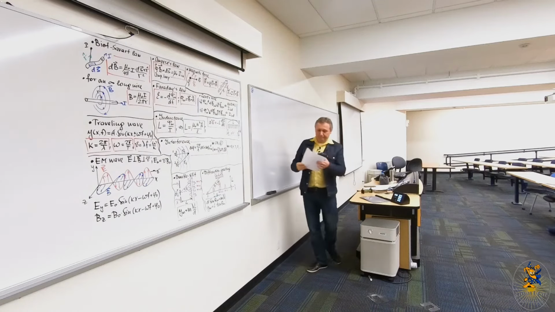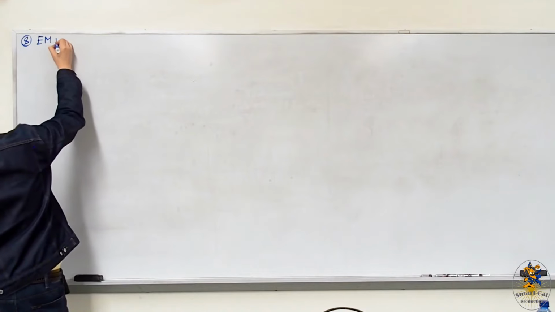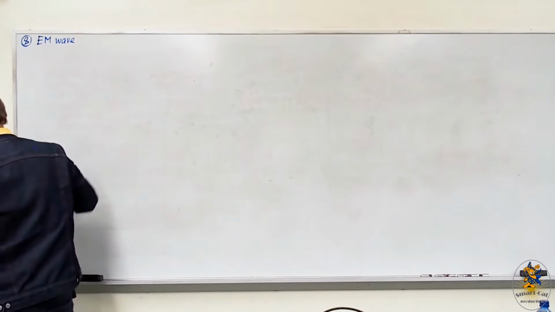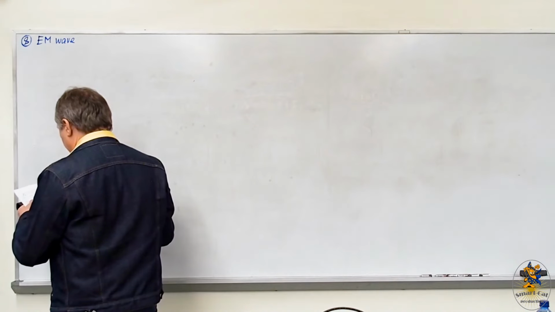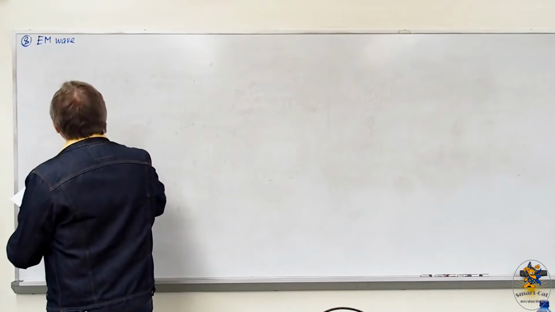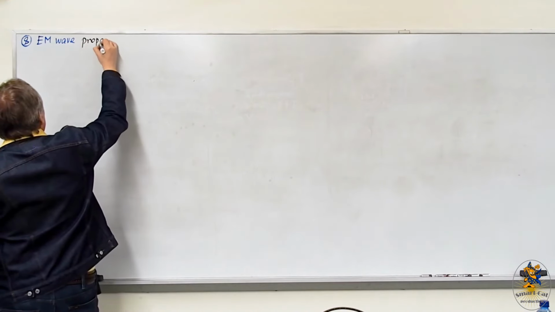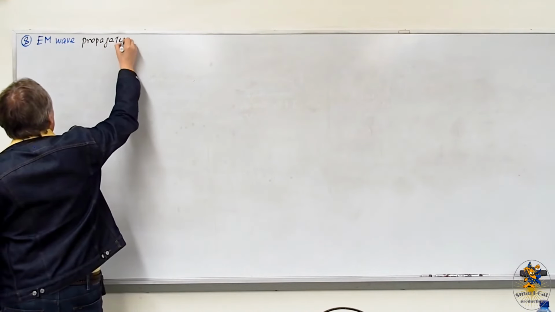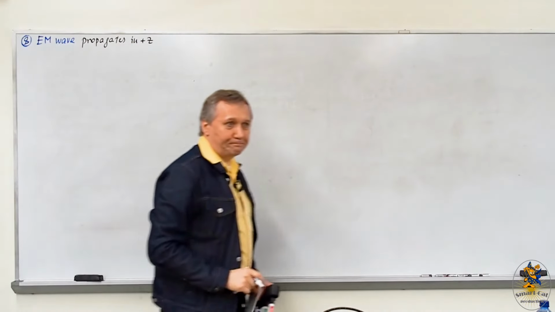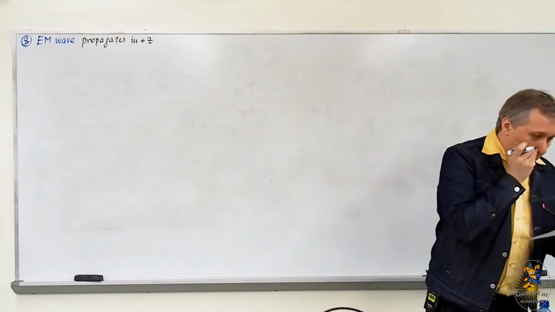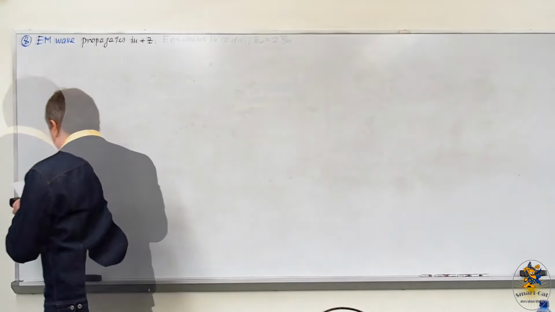So, EM wave. So what do we know about this electromagnetic wave? It propagates in the plus z direction. Then, the electric field points in the x direction. Okay.